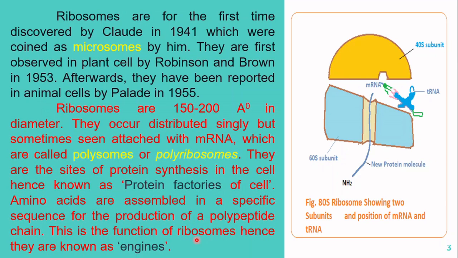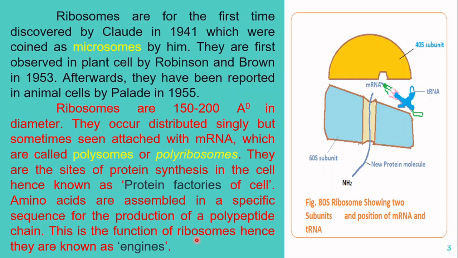Ribosomes are 150 to 200 angstrom in diameter. They occur distributed singly but sometimes are seen attached with mRNA, which are called polysomes or polyribosomes. They are the sites of protein synthesis in the cell, hence they are known as protein factories of the cell.